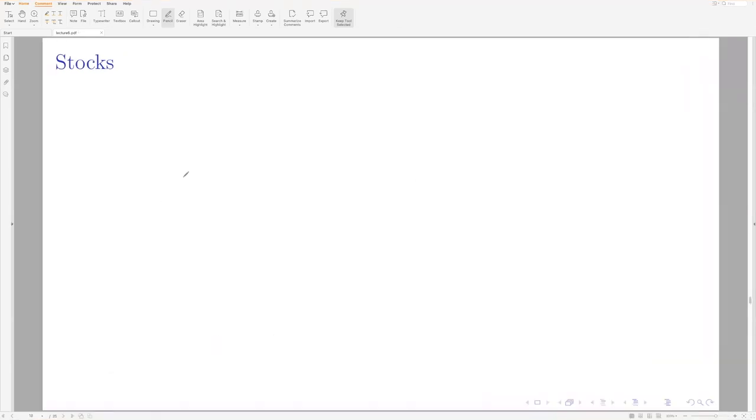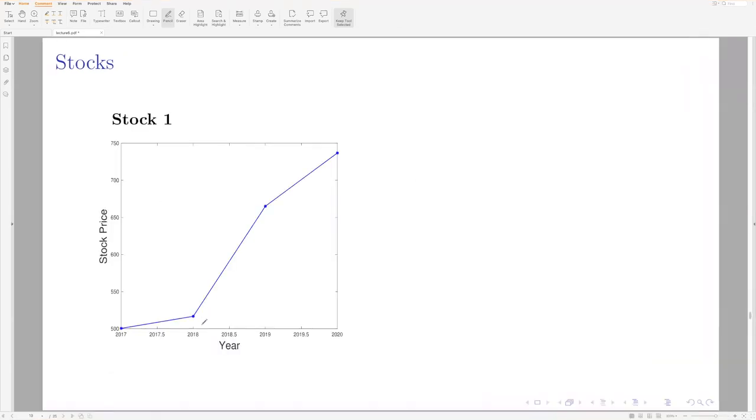Let us see some real-time illustrations. Here I am showing you the price of a stock. Let us call it stock 1. This is real-time data I have taken from the NSE site. So the stock price was 500 on January 1, 2017.